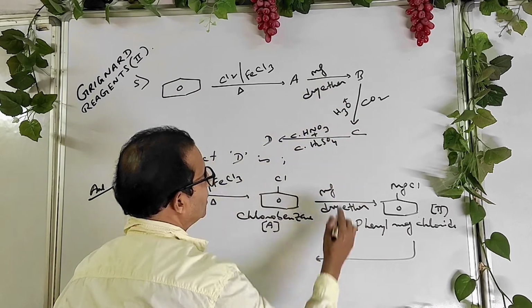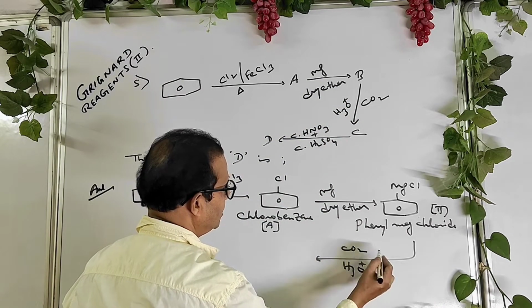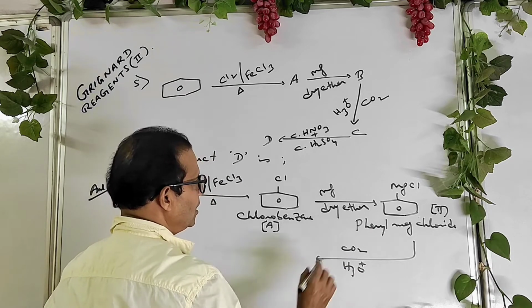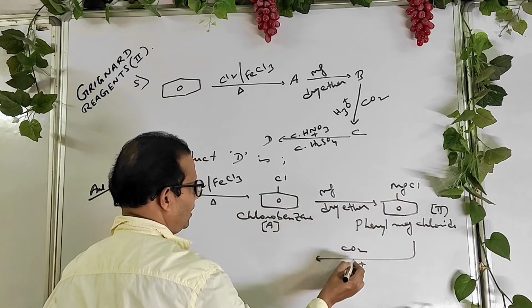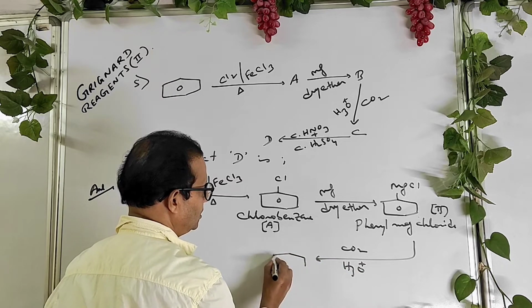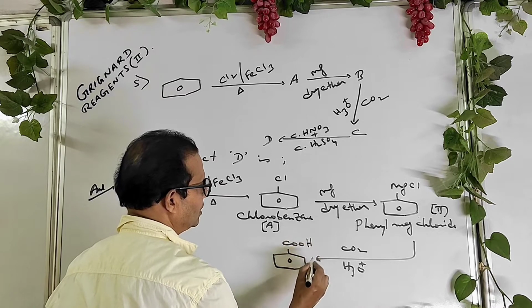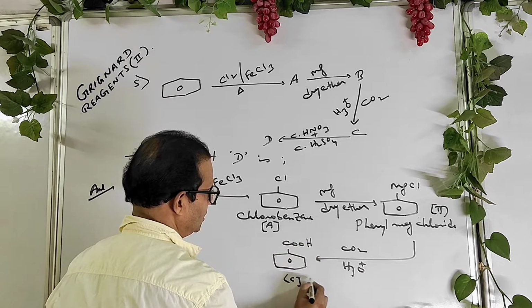Now B reacts with carbon dioxide and acid hydrolysis. You know that any Grignard reagent when it reacts with carbon dioxide followed by acid hydrolysis, we get the corresponding carboxylic acid. So this is C, that is benzoic acid.